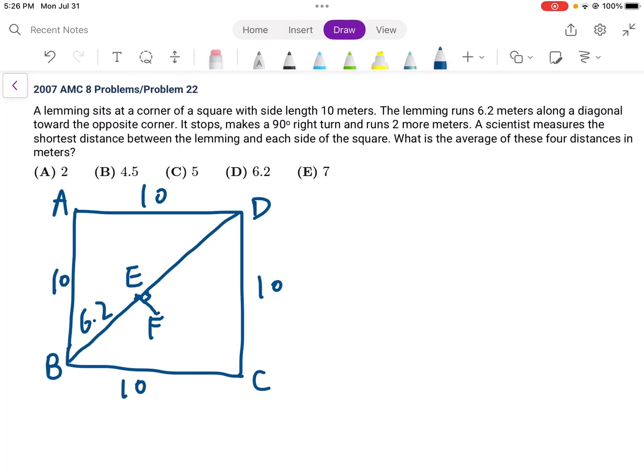Now, what's the distance from this point to all 4 boundaries of the square?